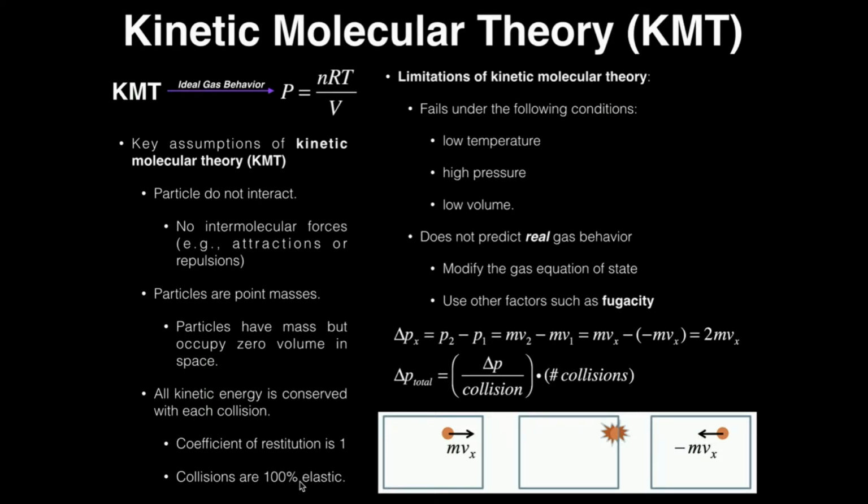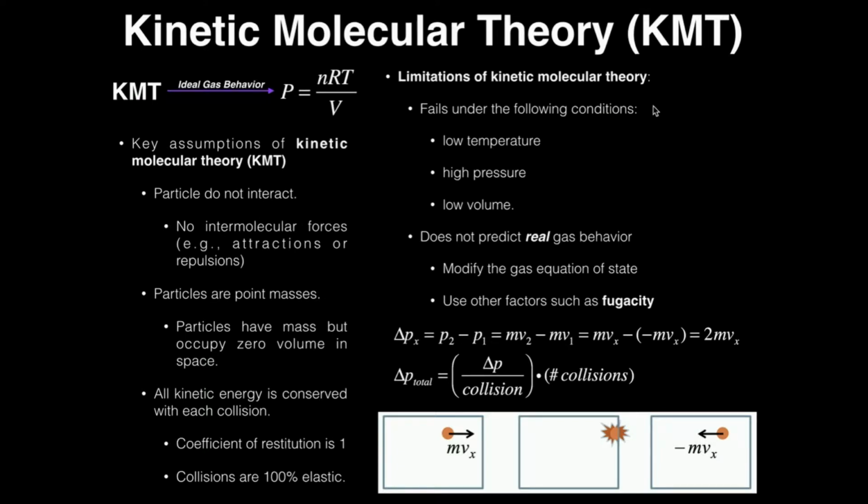So when a particle collides with the container with some momentum, it will simply change direction and not the magnitude of the momentum. Okay, so all the collisions are elastic. That also implies something which is usually not talked about, but in case it crops up, the coefficient of restitution for every collision is 1, which implies that all the collisions are 100% elastic. Okay, now these are the three main assumptions that you need to understand.